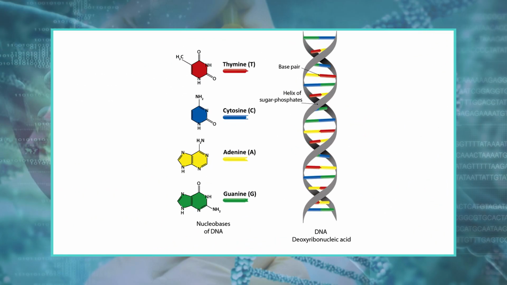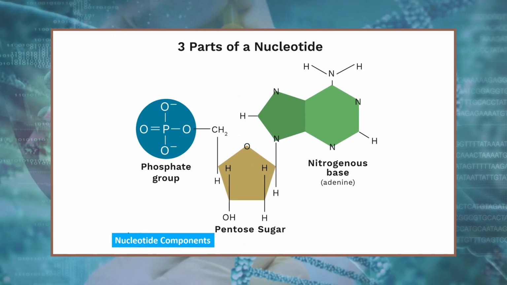DNA bases pair up with each other, A with T, that is adenine with thymine, and cytosine with guanine, or C with G, to form units called base pairs. Each base is also attached to a sugar molecule and a phosphate molecule. Together, a base, sugar, and phosphate are called a nucleotide.